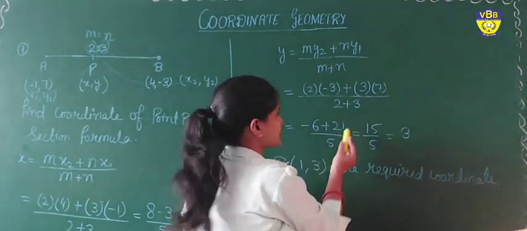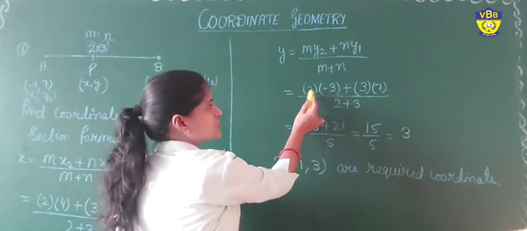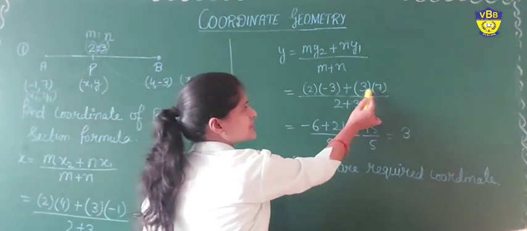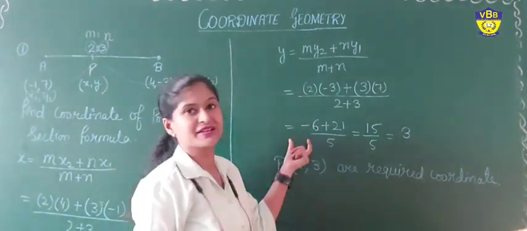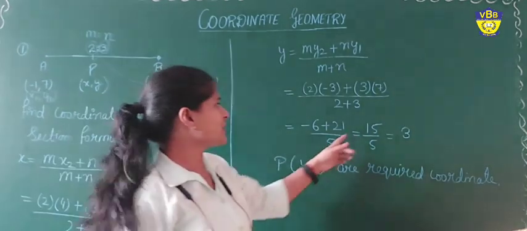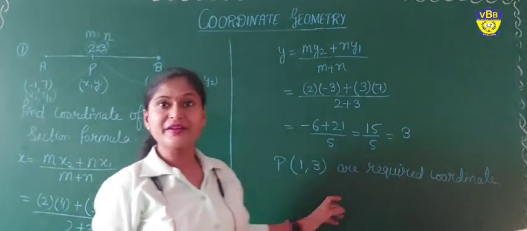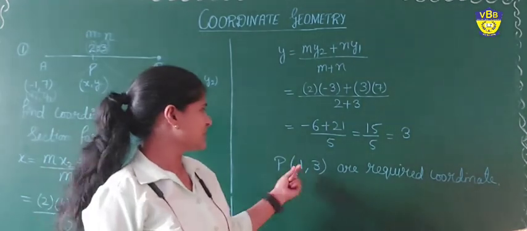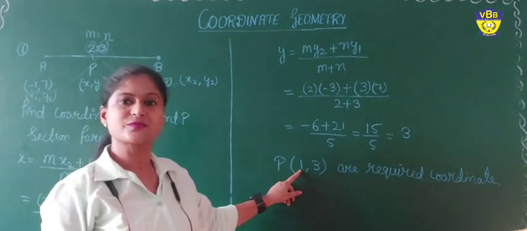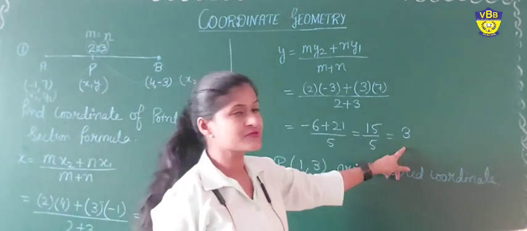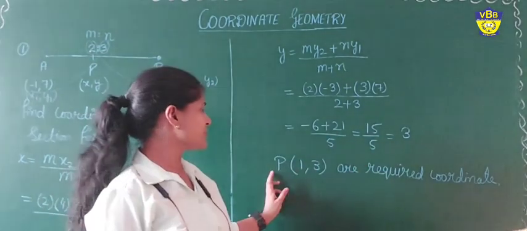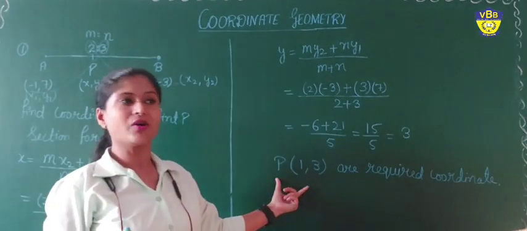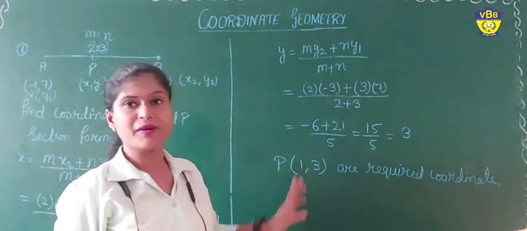So 3 twos are 6 with a negative sign, 3 sevens are 21. 21 minus 6 is 15. 15 upon 5 is 3. The coordinate of point P: first we write the x coordinate, which is 1, and then the y coordinate, which is 3. So the required coordinate of P is (1, 3).